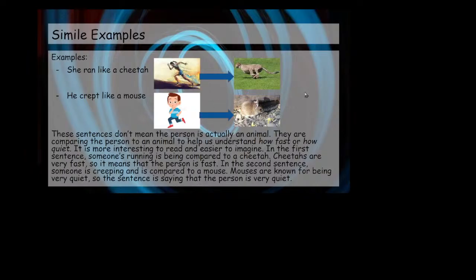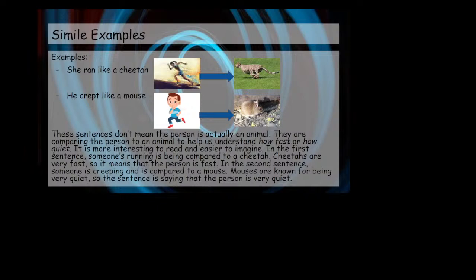These sentences don't mean that the person is actually an animal. It's not saying that the girl is a cheetah, and it's not saying that the boy is a mouse. It's comparing the person to the animal. It's a comparison to help us understand how fast or quiet. It's more interesting to read and easier to imagine.